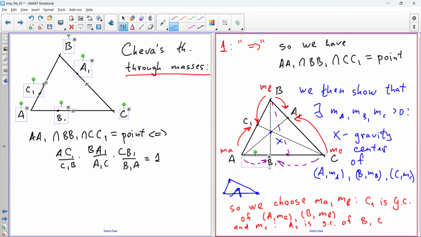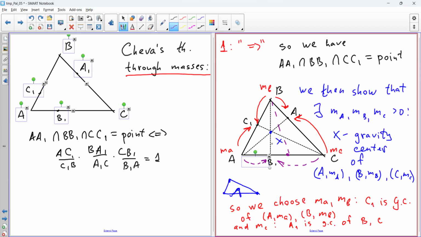In the opposite direction, it would be more or less equally difficult. So we just take these three masses adjusted on two segments. We check that on the third segment, what we want is actually what we have.